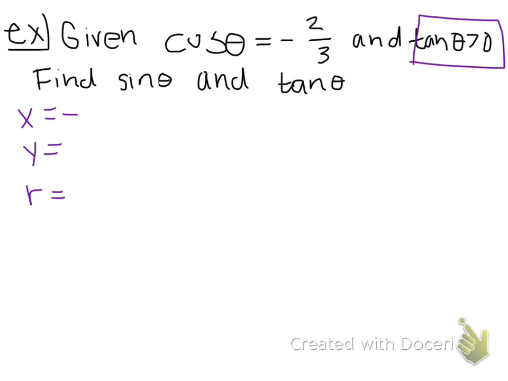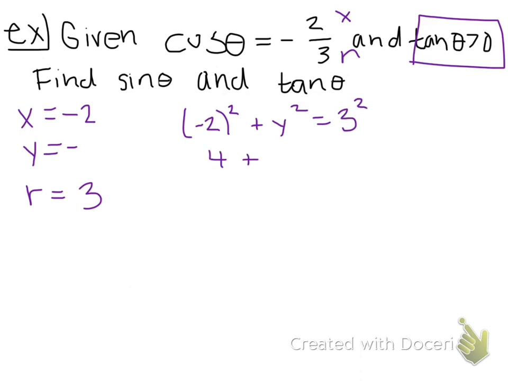Alright, now we're back. So cosine is x over r. So x is -2, r is +3. Again, for tangent to be positive, x and y both have to be negative. So I was still right in saying that. So now let's find our correct value. And I hope you caught my mistake before me.